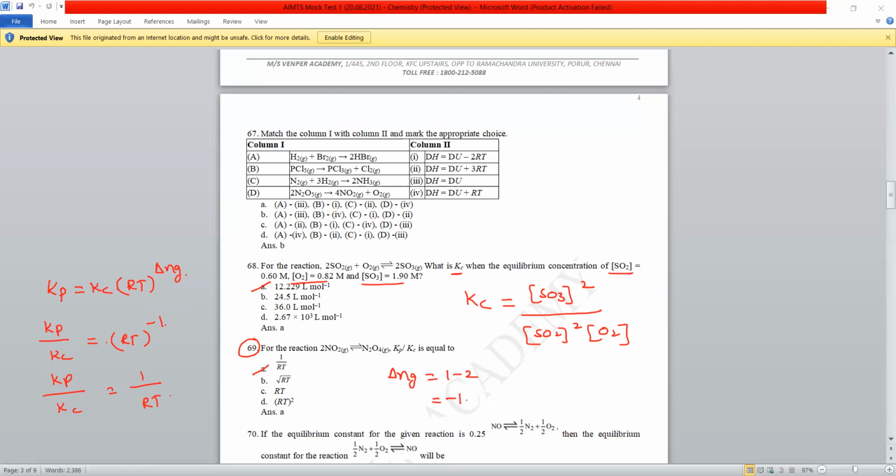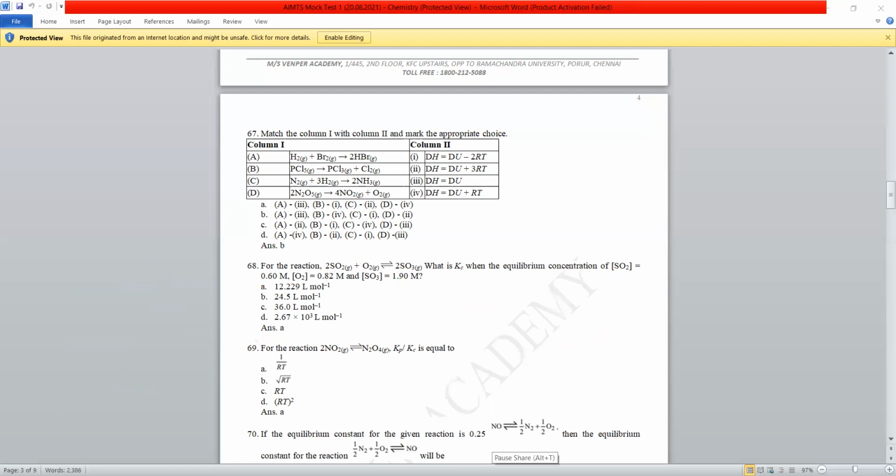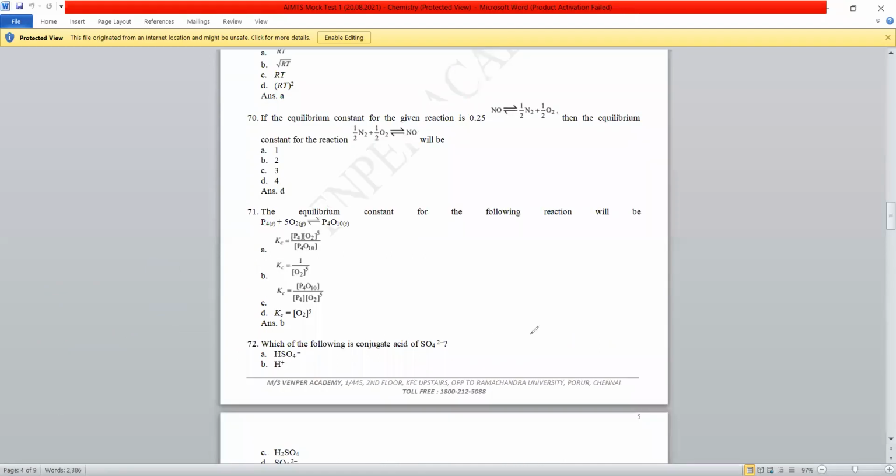Next, students, next question we can go. Question number 70. If the equilibrium constant for the given reaction is 0.25, the reaction is NO in equilibrium with half N2 plus half O2.